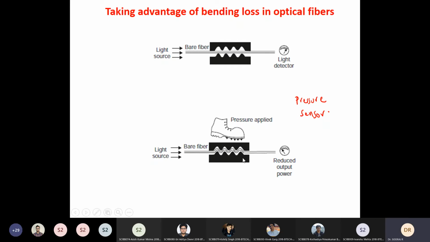Usually optical fibers regain their original shape, unless you apply an enormous amount of pressure, and if you apply such a large pressure, it's going to break. But with nominal pressure, whatever you apply, the optical fiber is going to regain its original shape. Okay.